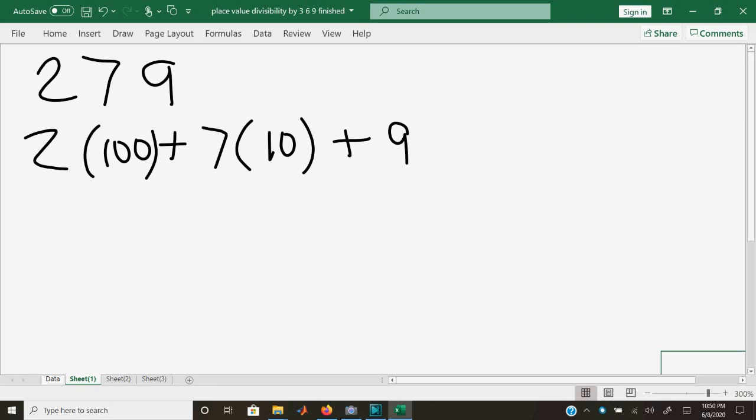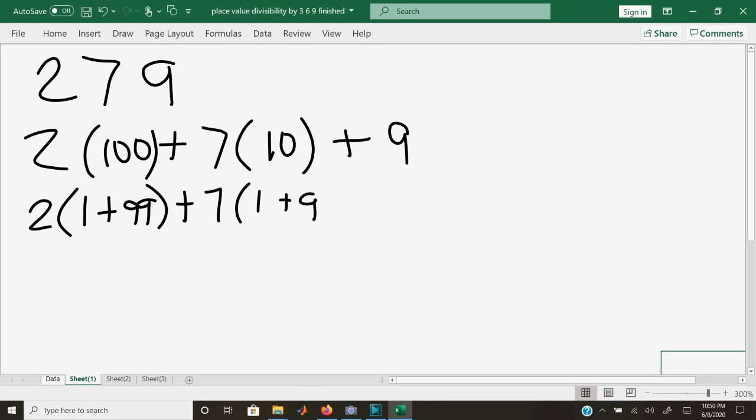And I'm now going to set up, using my distributive property, 2 times 1 plus 99, plus 7 times 1 plus 9, plus 9.